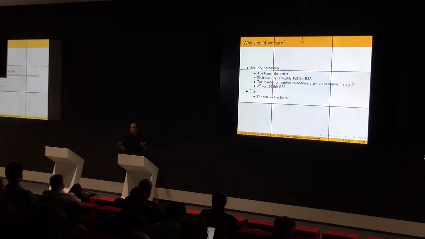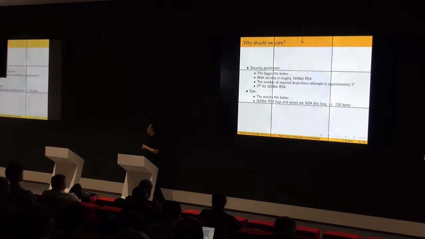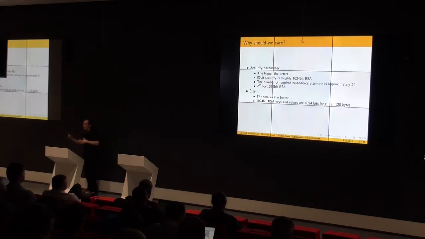And you know, the thing where you use public key cryptography is mostly at the beginning of secure sessions, at the beginning of TLS connections and things like that. So you wait, and then maybe the connection gets established. So that's why size matters, and the smaller is better. Because with 1024-bit RSA, every value, every key, everything you need to transfer is 128 bytes long.